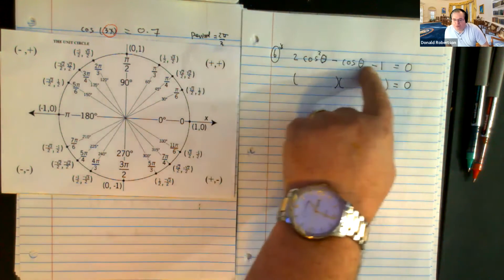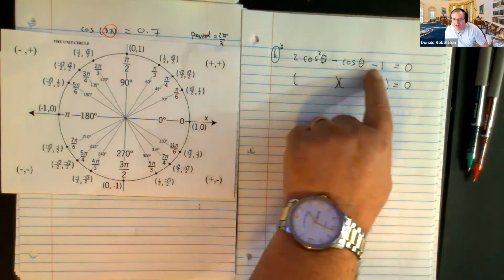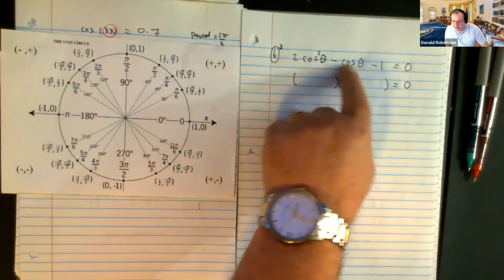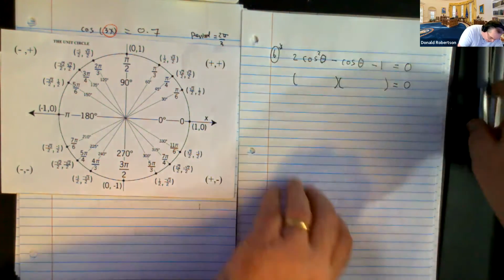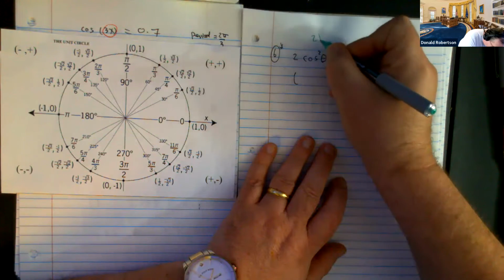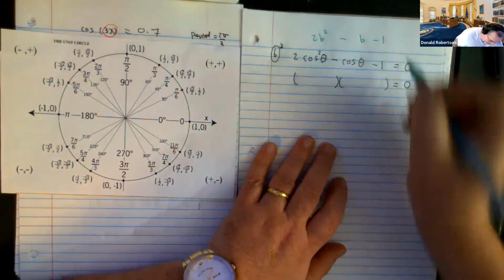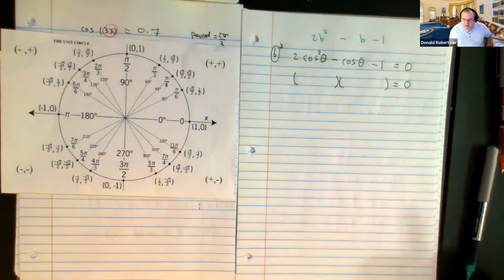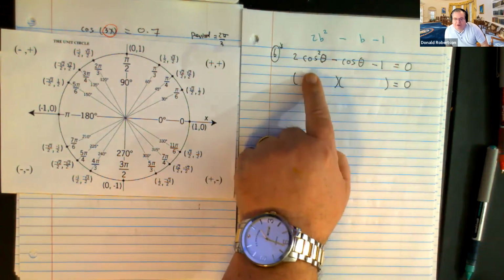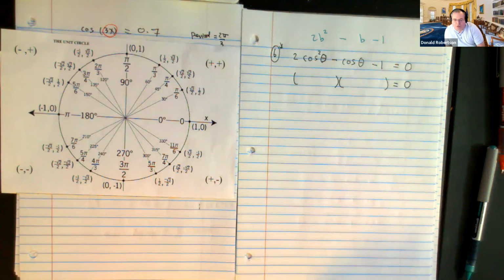This expression with cos squares and cosines in it is technically a quadratic. If it helps you to understand how it factors, think of the cosine as being a b. So how would this fella factor? And we did one almost like it, if not this one yesterday.